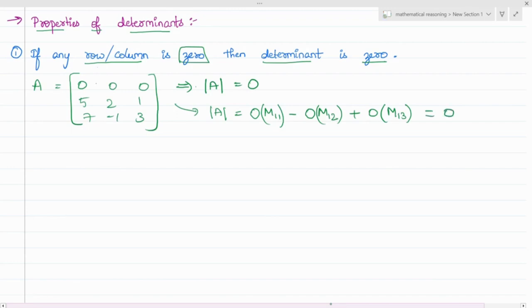So finally you will get the answer as 0 only. So basically, if any row or column has elements that are 0, then the determinant will be 0.